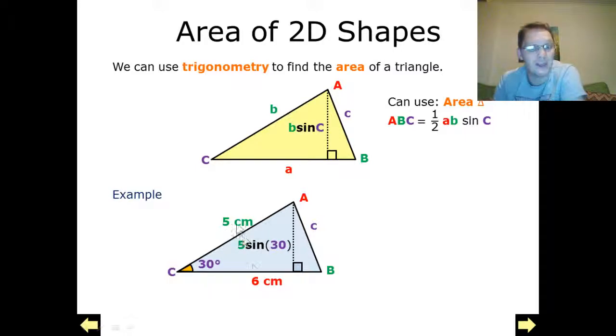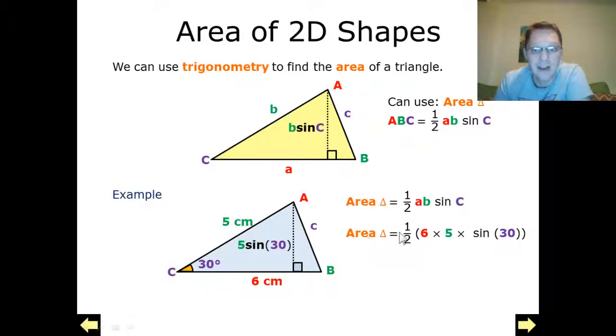And this is all the information that I need to now complete this formula, because the inside height is going to be 5 sine 30 from the angle. So substituting these in, the area of this triangle is going to be half times a, which is 6, times b, which is 5, times sine 30.